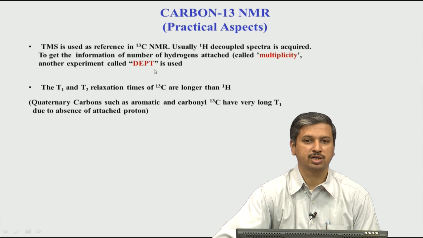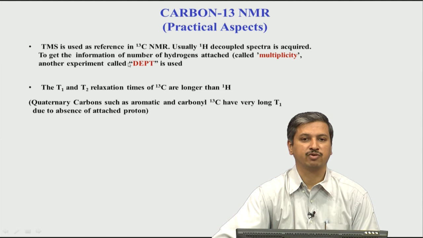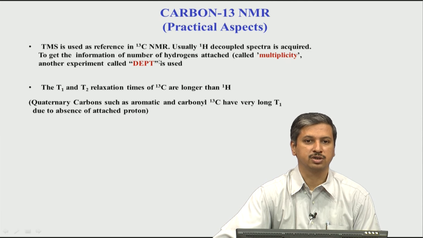This is a separate 1D experiment which can be recorded to get the information for every carbon, that is, how many hydrogens are attached to that carbon. But normally if you are not interested in multiplicity and only in the chemical shift and the number of carbons, you can do decoupling and get a cleaner spectrum.